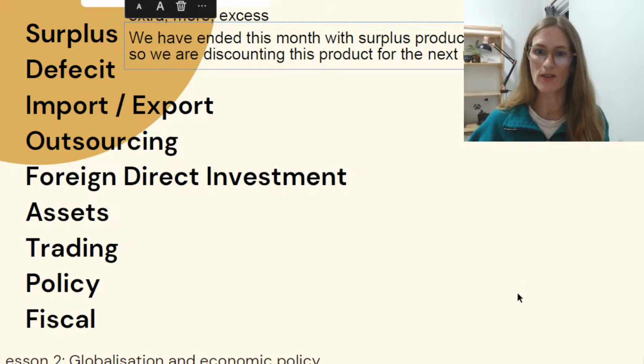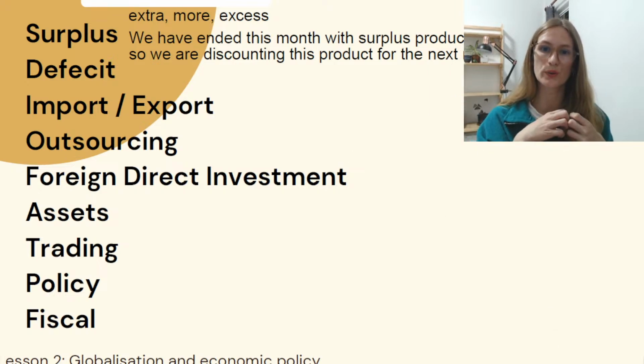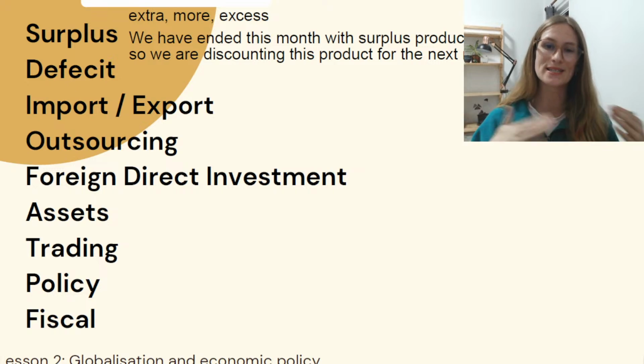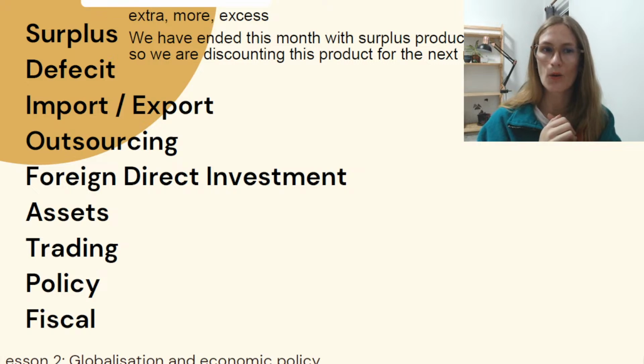Something like this. We have more than we needed. So instead of getting rid of it or holding on to it as excess stock, we discount it for the month after. Or you might say something like, we ended the month on a surplus, referring to finances, money, so everyone gets a bonus this month.